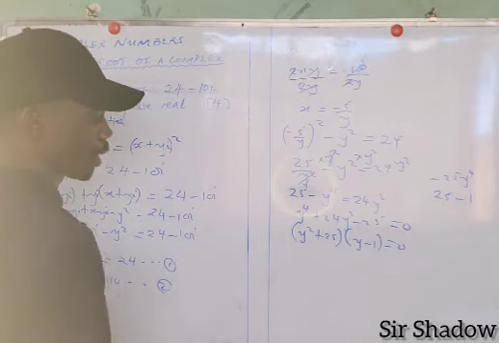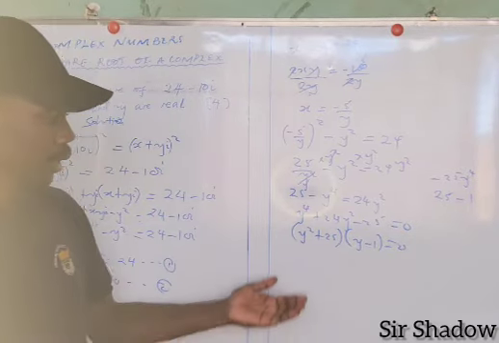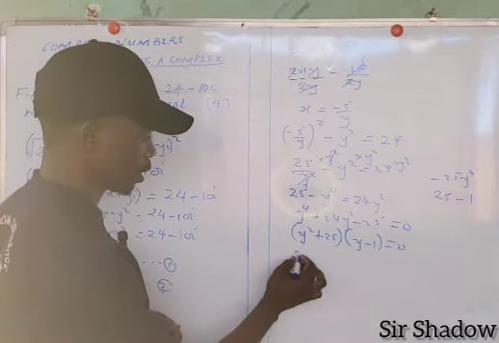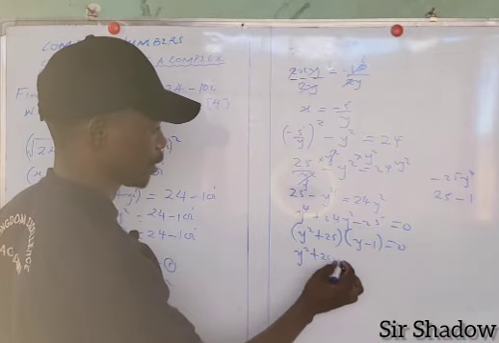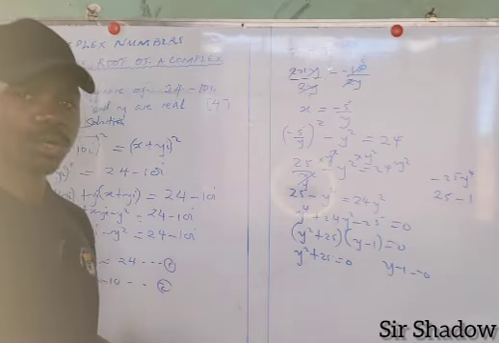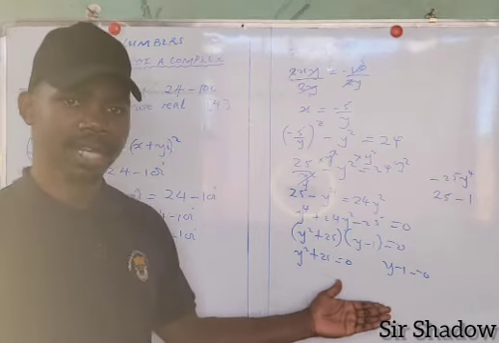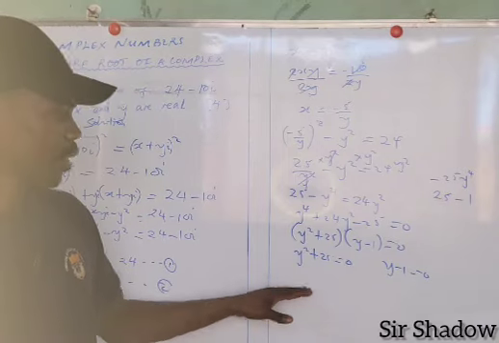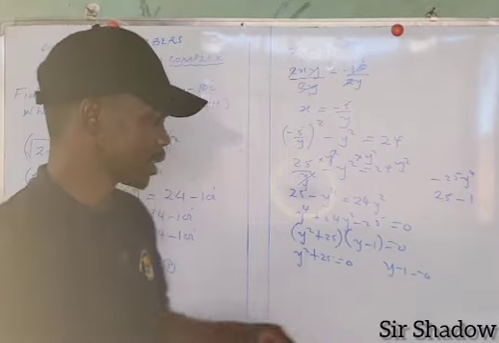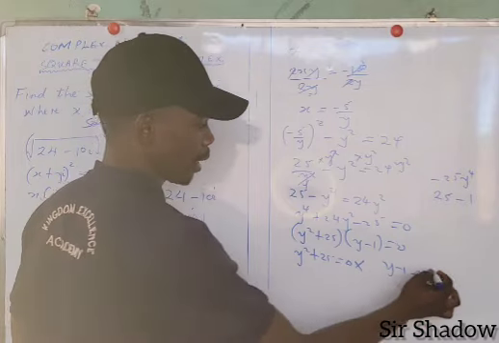Let's find the values of y. Remember, we have y squared plus 25 is equal to 0 and y squared minus 1 is equal to 0. We want to find the real value, and it will be difficult for us to solve the first one, so we can eliminate this one and take this one.